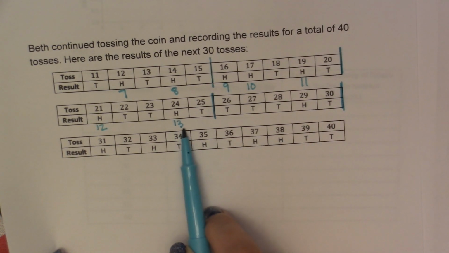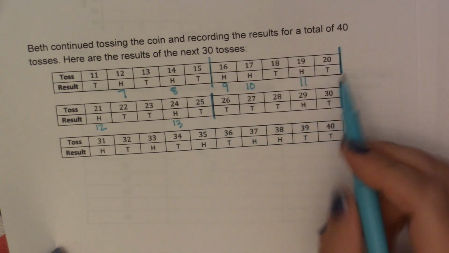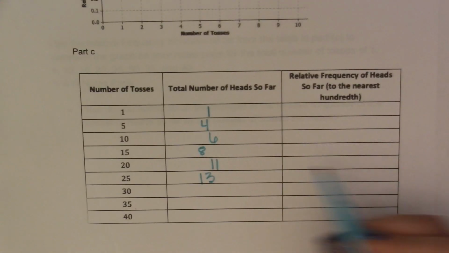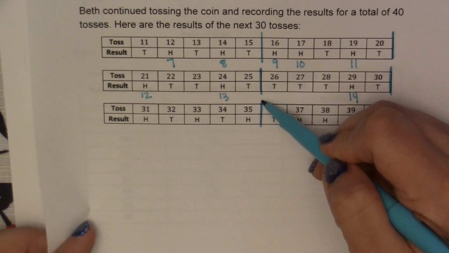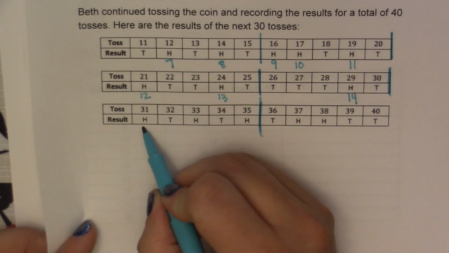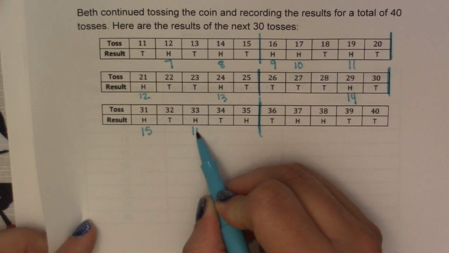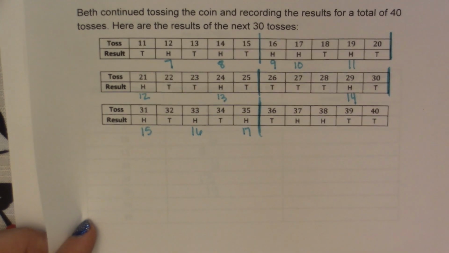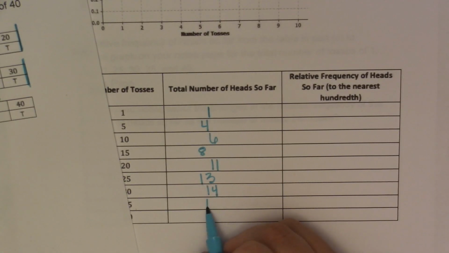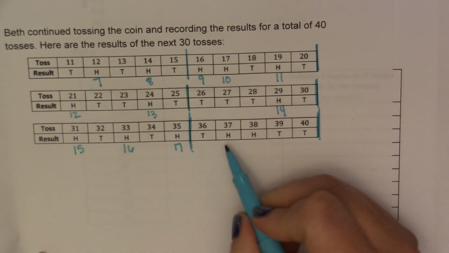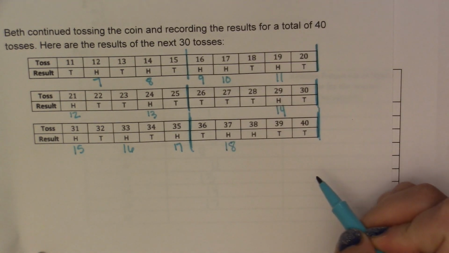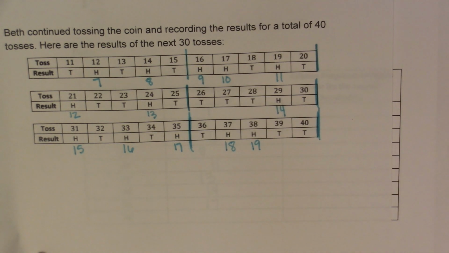All right, so 13, 14. To 35. So 14, there's 15, 16, and 17. And then all the way here to the end, 18 and 19.